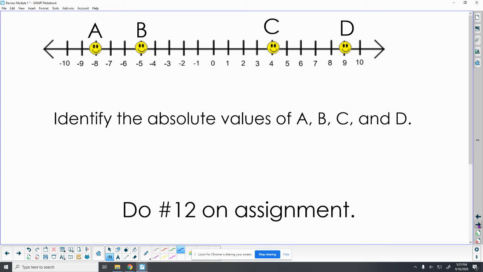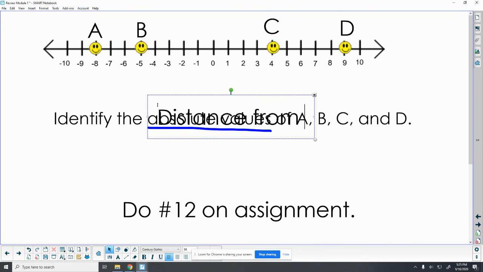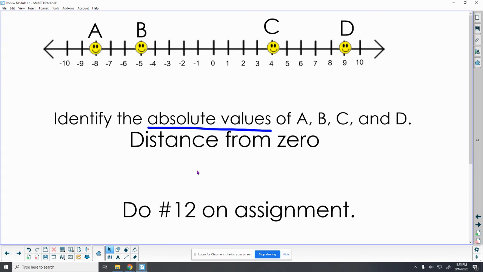Okay, last one for today is talking about the absolute values. So if we remember, absolute value tells us the distance from 0. Let me move that so you can actually read it. So distance from 0, and the distance is always going to be a positive number.